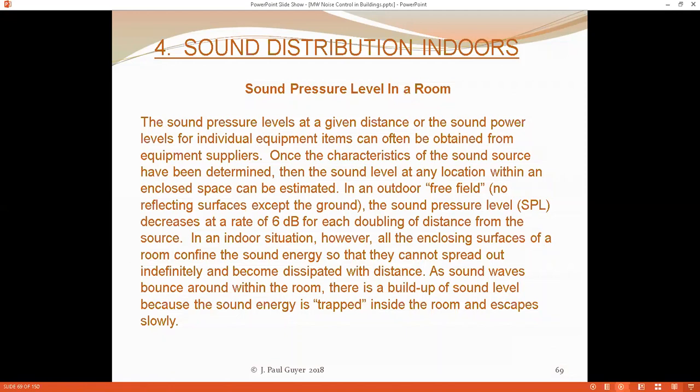And because of the human activity going on in the receiving room, you want to reduce that to 40 decibels in the receiving room. So you need to achieve a reduction of 90 minus 40 or 50 decibels between the source room and the receiving room. And you do that by how you construct the barriers between the source room and the receiving room.